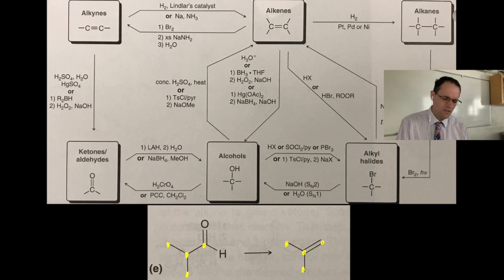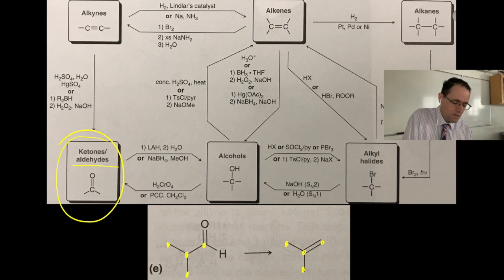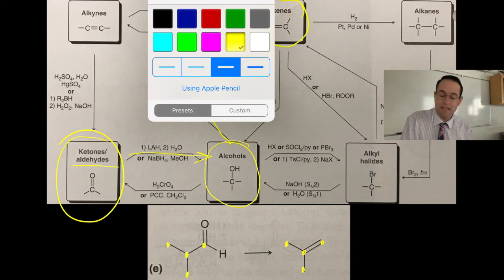Okay, so let me erase that writing there. So let's look at our pathway here. We're starting with an aldehyde, okay, that's this box here, and I want to go to an alkene. So what I think we should do is notice that there's only one way out of this box, and that's to go here to an alcohol, and then the alcohol can be converted to an alkene.